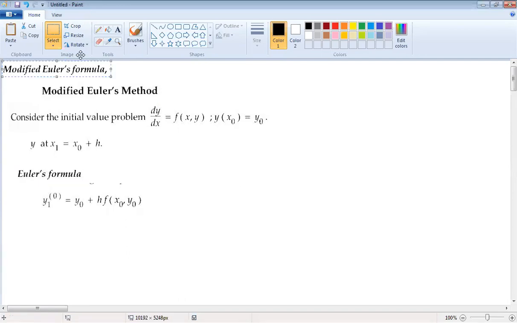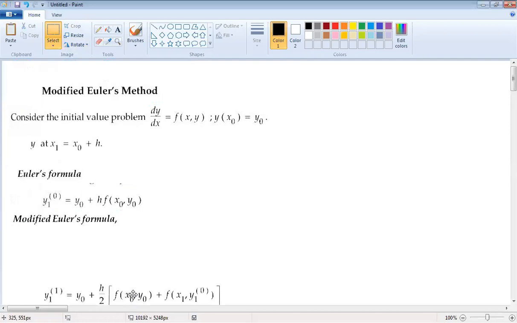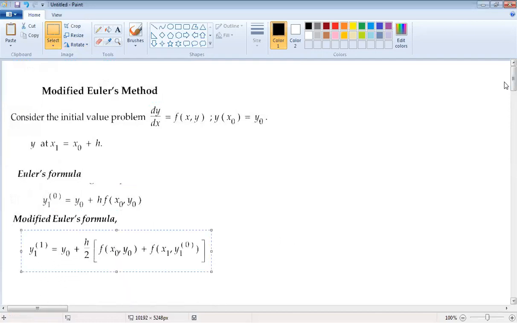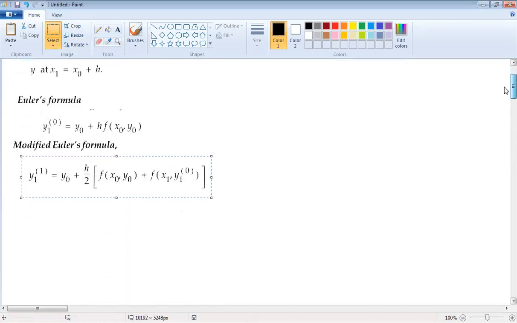Modified Euler's formula is an iterative formula to get the solution of desired accuracy. For this, we'll be using the formula for y1 of 1, which is given by y1 of 1 is equal to y naught plus h by 2 times f of x naught comma y naught plus f of x1 comma y1 of 0.